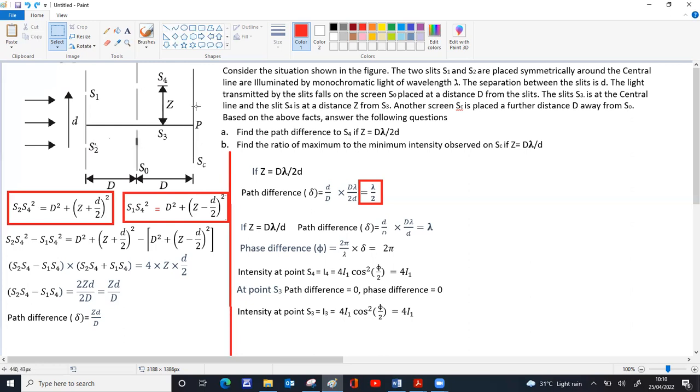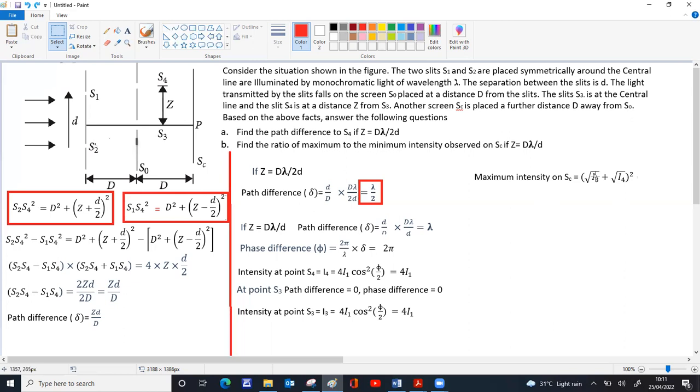Now for the maximum intensity on the screen, we already have a formula: root I1 plus root I2 the whole square for maximum. Minimum intensity will be root I1 minus root I2 the whole square. Here I1 and I2 become I3 and I4. So the maximum intensity on screen SC, with source intensities I4 and I3, will be root I3 plus root I4 the whole square.